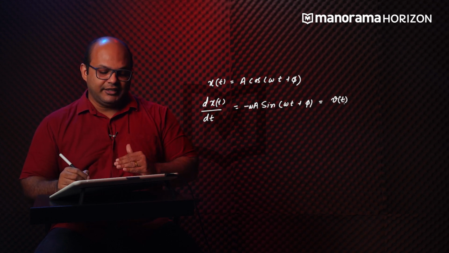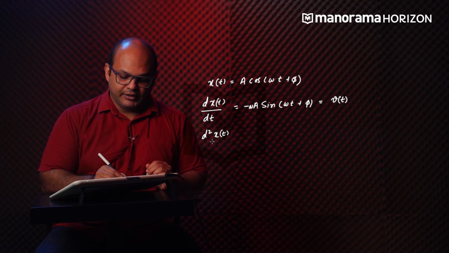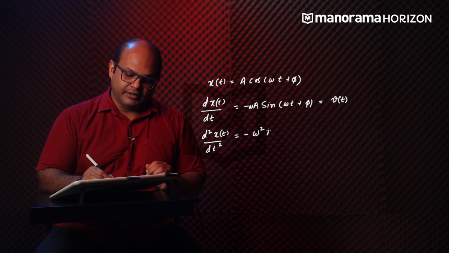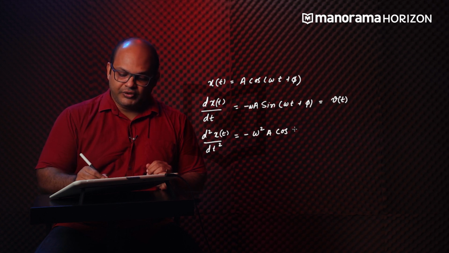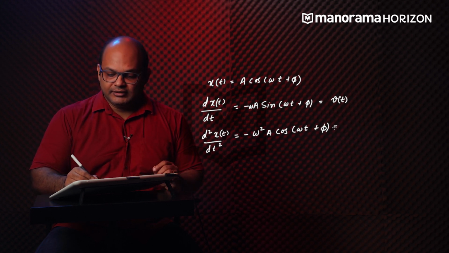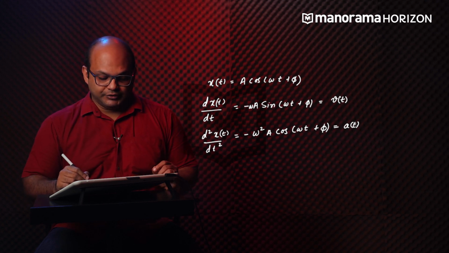If I differentiate this function again, d²x/dt² gives us negative ω² A cos(ωt + φ). And as we saw earlier, this is the function for acceleration.